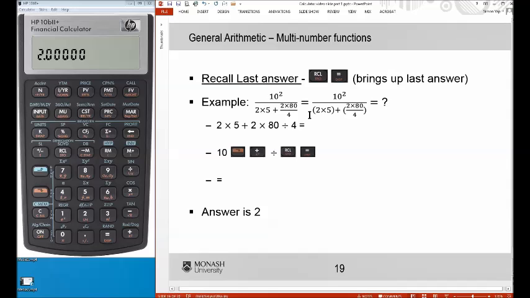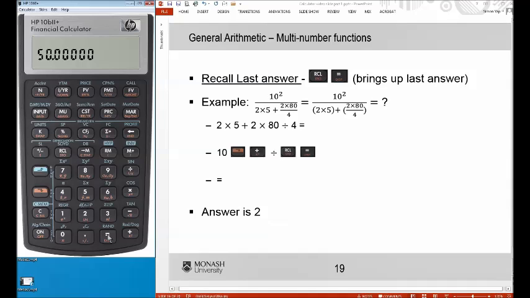So we can input the numbers and operations straight away: 2 times 5 plus 2 times 80 divided by 4. And we get the answer 50.